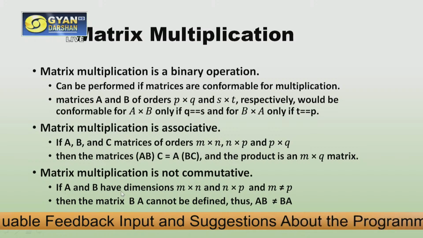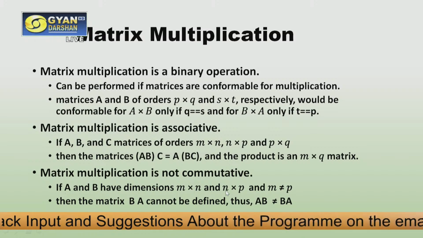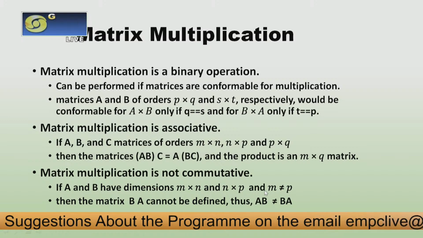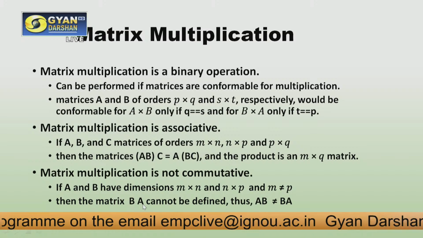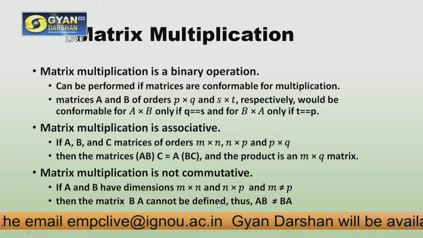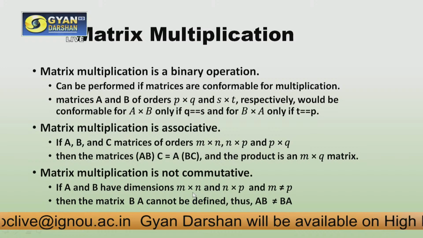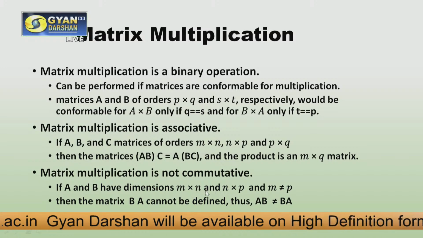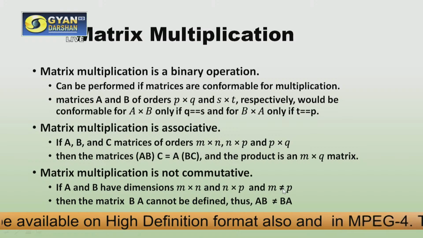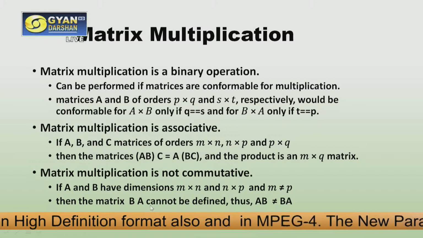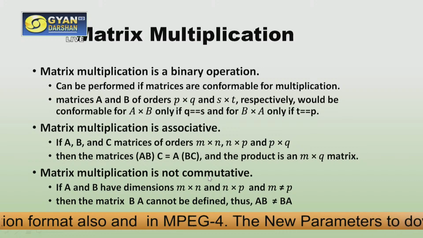If A and B have dimensions M cross N and N cross P, and M is not equal to P, then matrix BA cannot be defined. AB can be defined because it is conformable. But BA is not conformable because M is not equal to P. Therefore, they are not commutative.